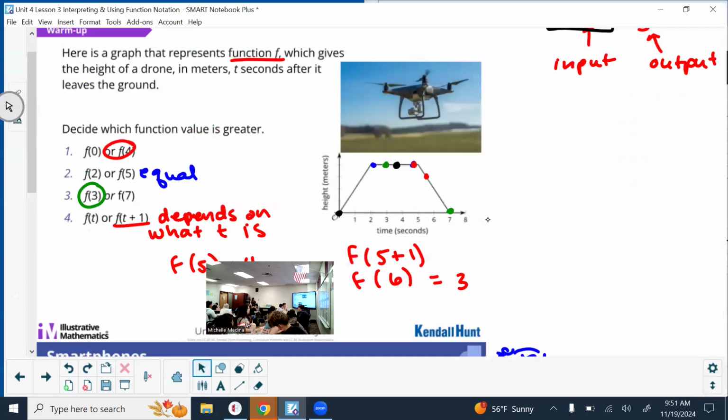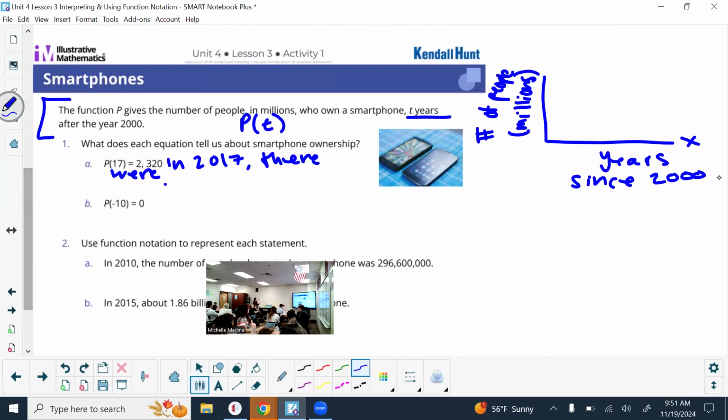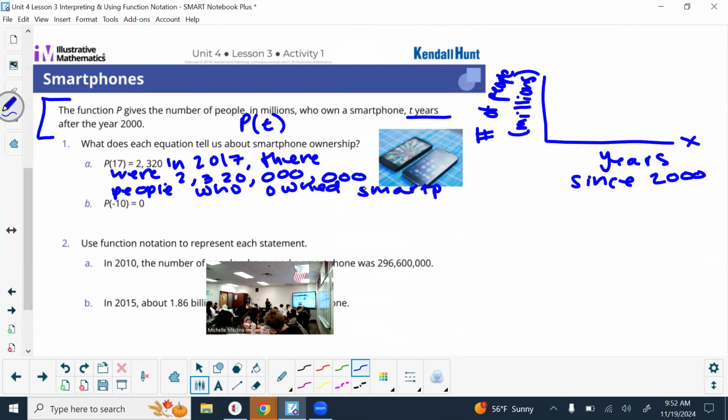Make sure that if you just put that there's about 2,000, I can fix it. Really, it's over 2 billion. There were this many people who owned smartphones. Questions, comments, concerns, make sense now?